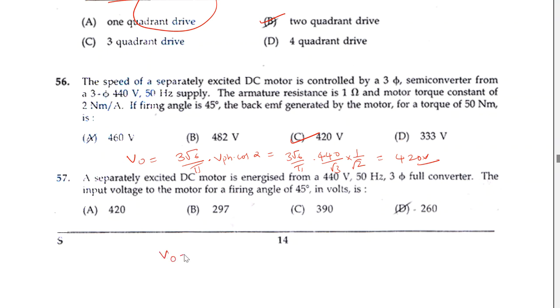So V0 is equal to 3 VmL by π into cos α, which is equal to 3 into √2 into VRMS by π into cos α, which is 1 by root 2 here. Okay, so which is equal to 420 volts approximately. So answer will be 420 here.